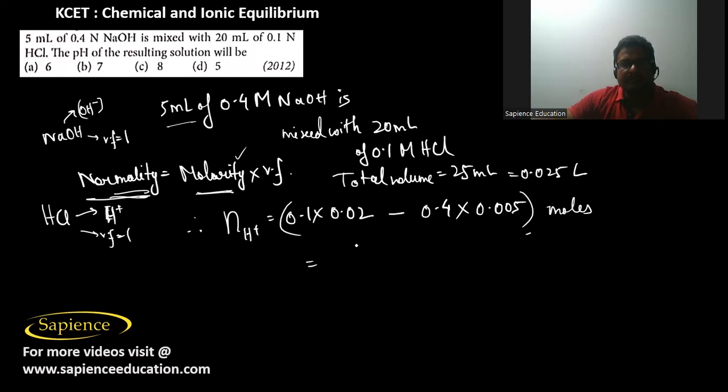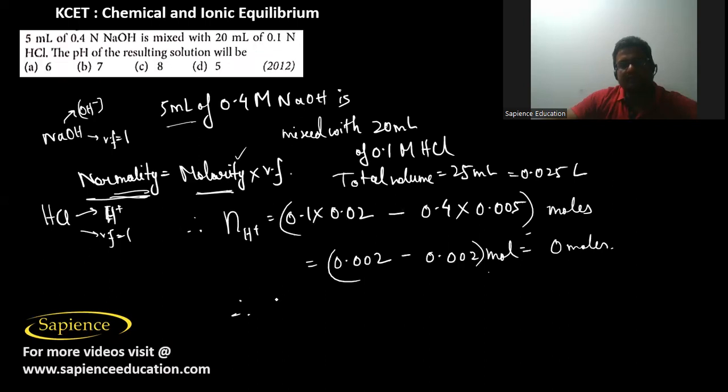So this will be 0.002 minus 0.002 moles. So therefore it is 0 moles. It means the number of H plus ion is 0.